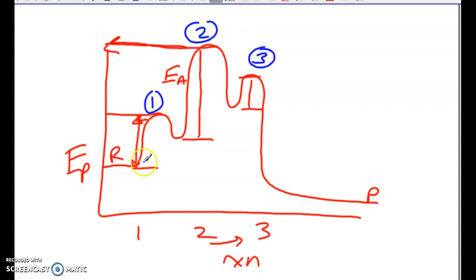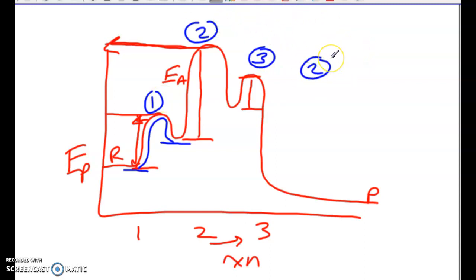When I say step 1, I really mean from this to here, from this reactant to the initial product from the first reaction. The product from the first reaction then reacts to become the product from the second reaction, and so on. So the slowest step in this case would be step number 2.